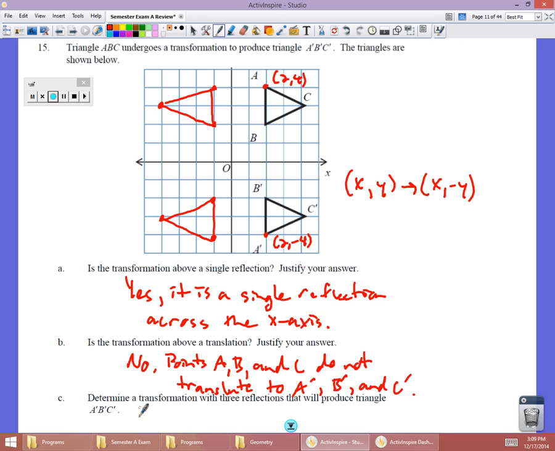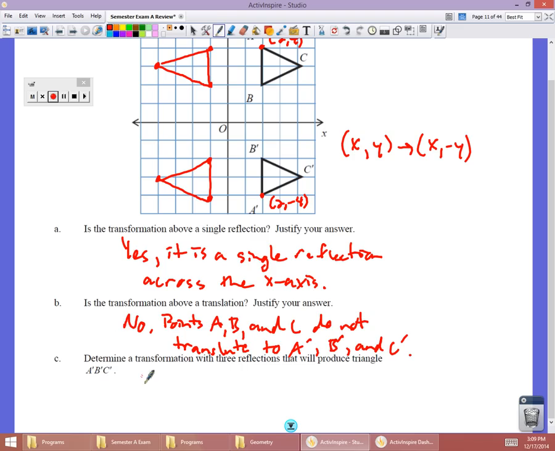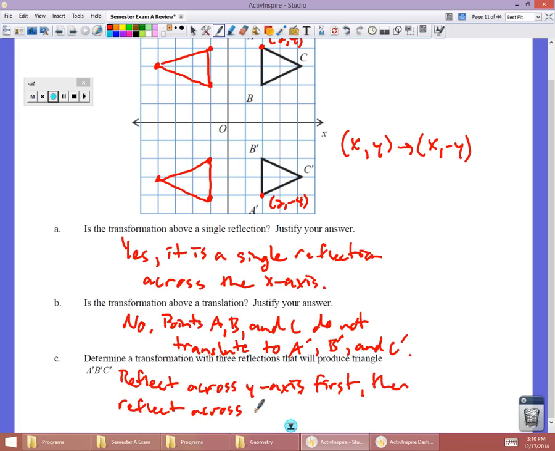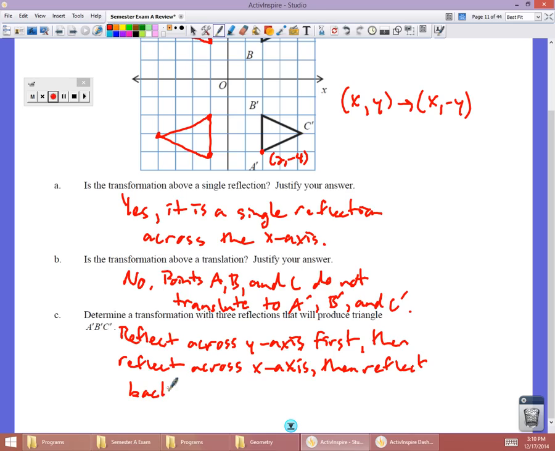So in this case, we would say the first transformation, I'm going to move this down a little bit, would be: reflect across the y-axis first, then reflect across the x-axis, then reflect back across the y-axis.